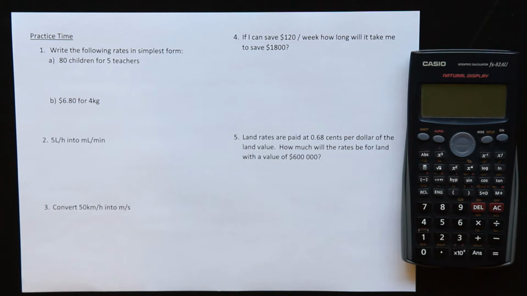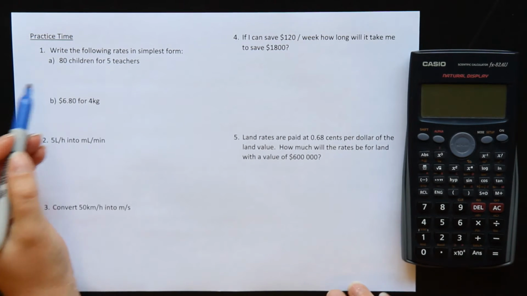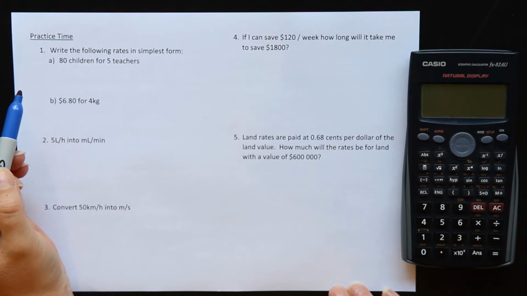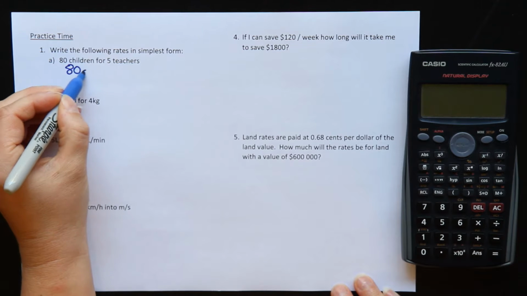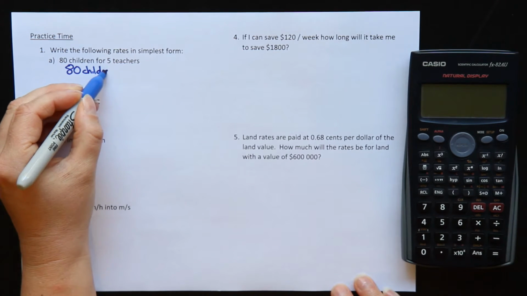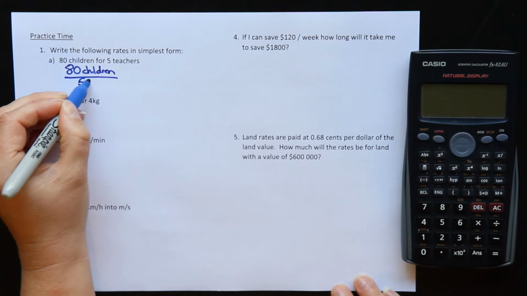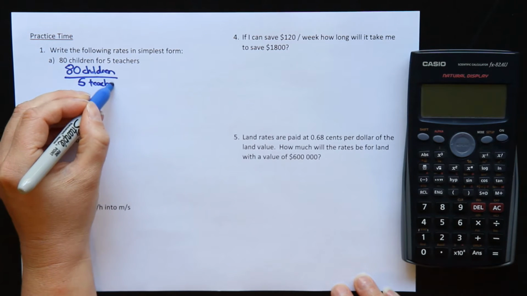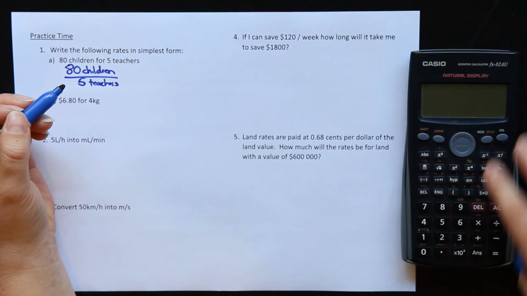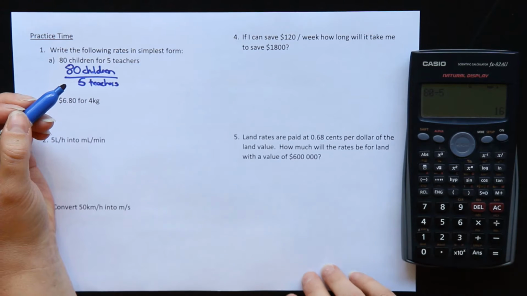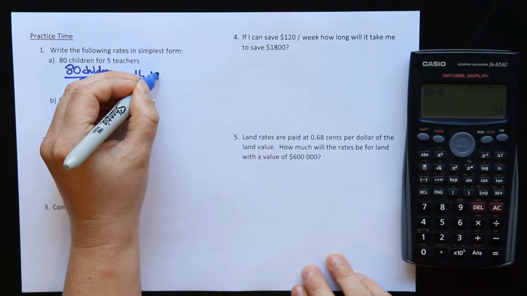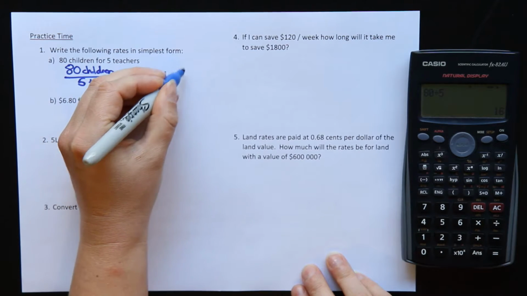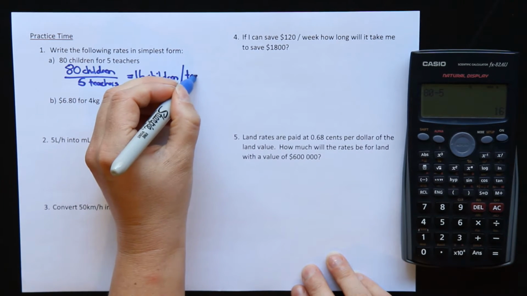Write the following rates in simplest form. We have 80 children for 5 teachers. So we want to go 80 children for 5 teachers. 80 divided by 5 is 16 children per teacher.